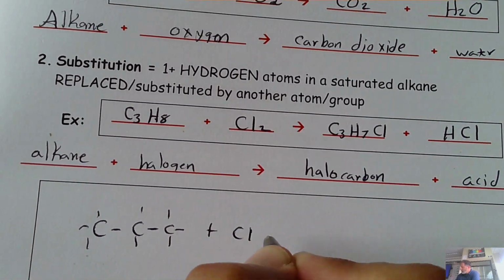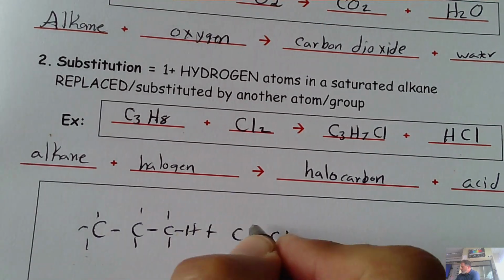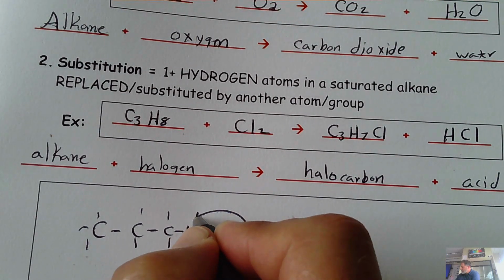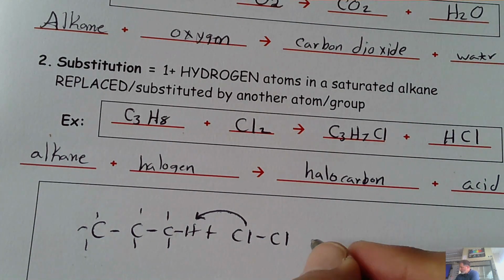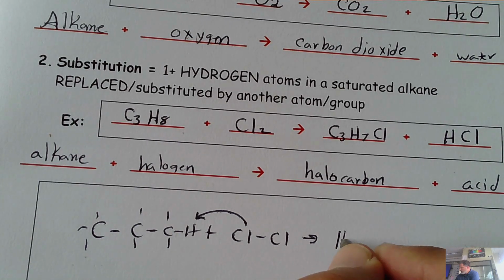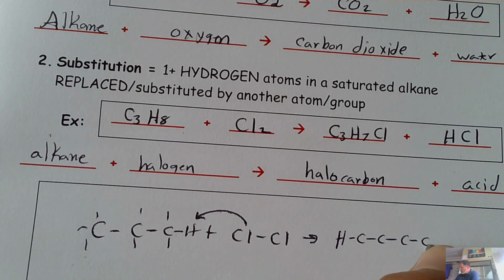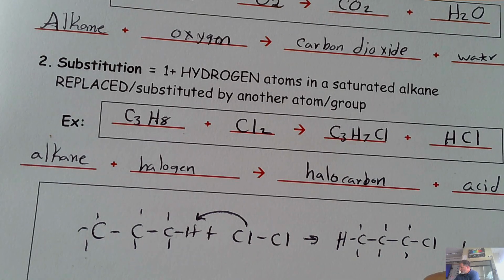We add chlorine. And one of the chlorines attaches itself because of its reactivity to hydrogen to give us the halocarbon and acid.